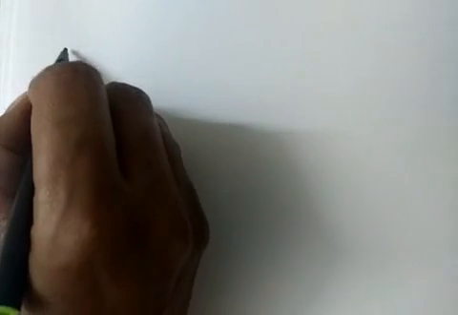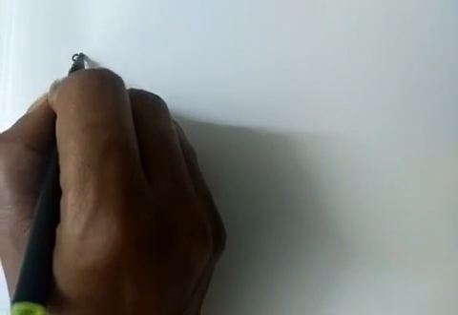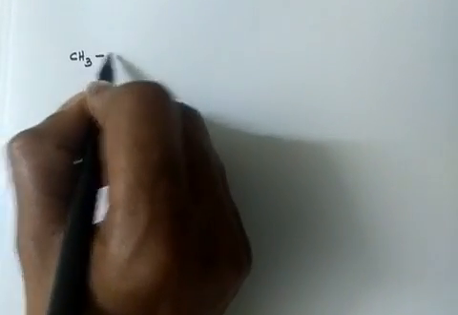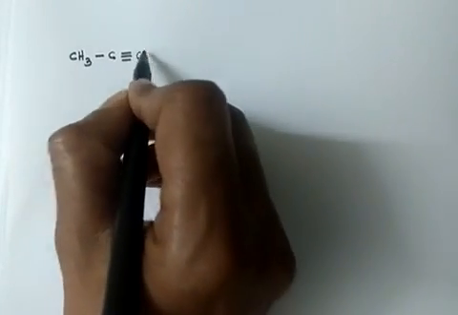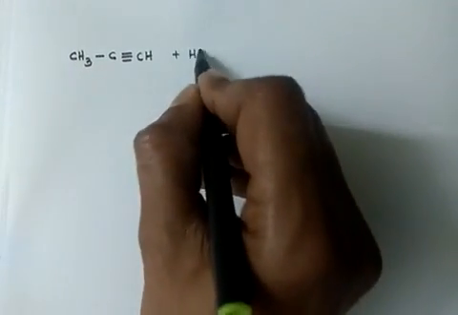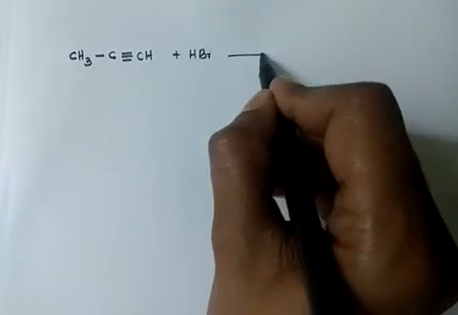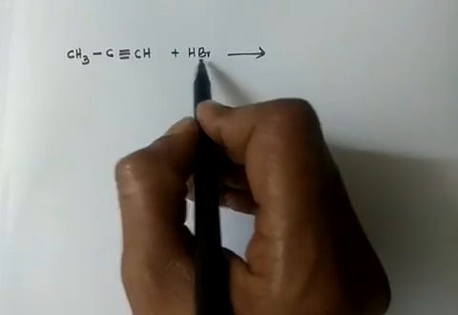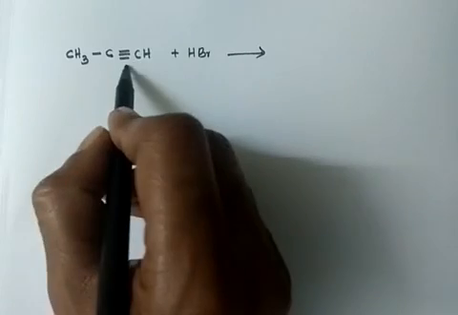Now let's see another alkyne, for example CH3 single bond C triple bond CH, propyne. Addition of hydrogen halide takes place in propyne. So HBr is added to propyne. So this negative part goes to which carbon here?